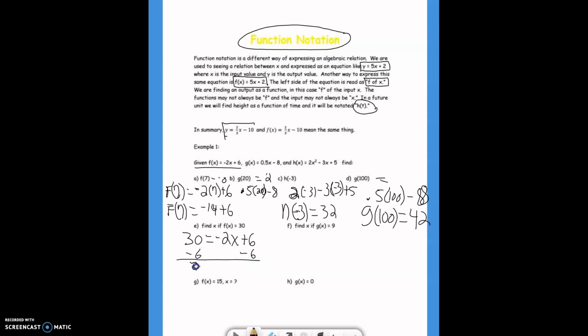Which is going to be what? 24 equals negative 2x. So divided by negative 2 is going to equal x. Is going to equal negative 12, right? Okay. All right. And then for g of x, again, I am going to plug 9 into here, right?